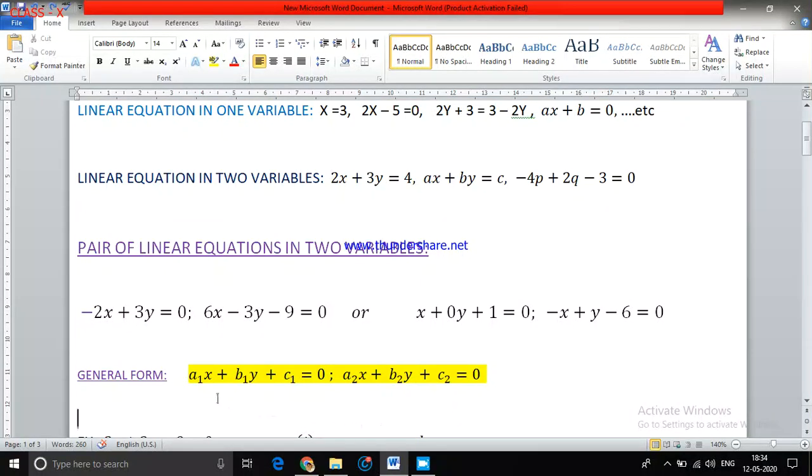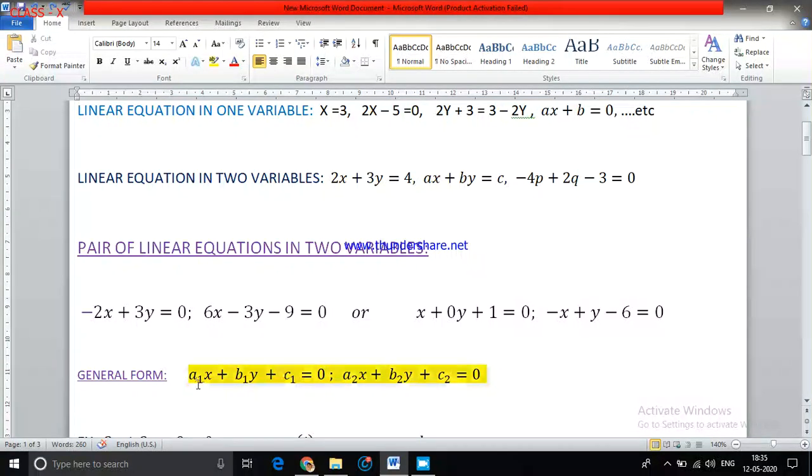That is the first condition. What are a1, b1, c1, a2, b2, c2? If the suffix is 1, those are the coefficients of x, y, and the constant of the first equation. With a2, b2, c2, these are the coefficients and constant of the second equation.